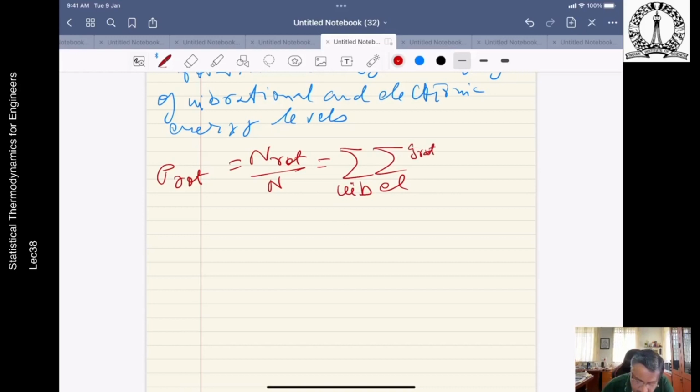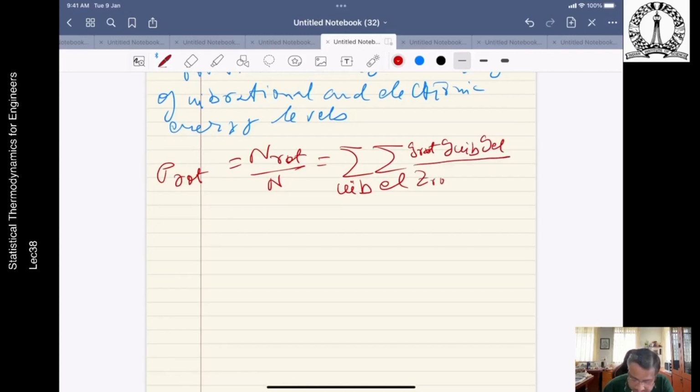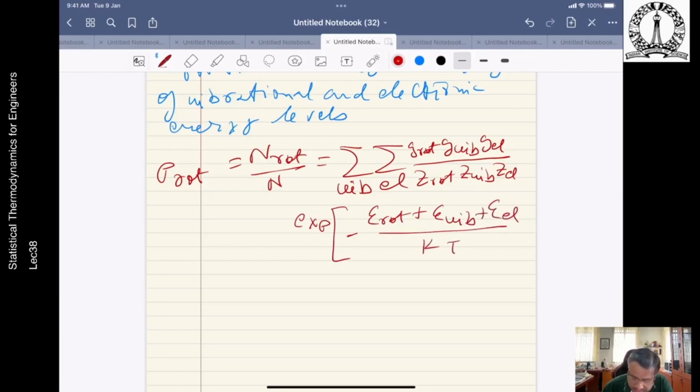So g rot, g vibration, g electronic divided by Z rot, Z vib, and Z el, with everything still within the summations, and the exponential of minus E rot plus E vib plus E electronic divided by kT.